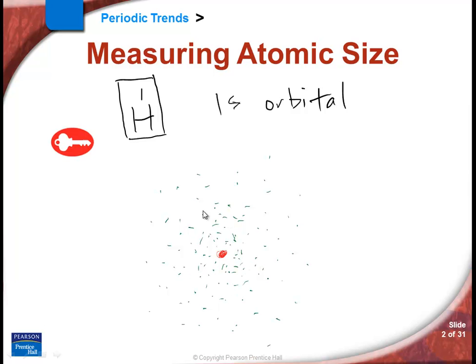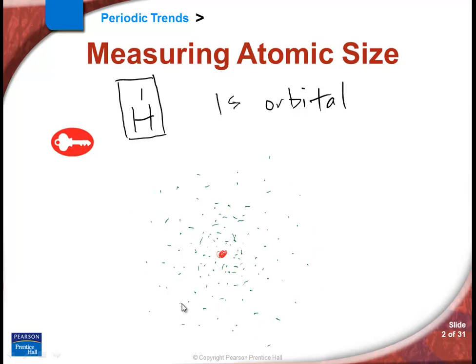And then this green fuzz that I hand drew in a cartoon way represents the so-called electron cloud, right? And we know that the electron in hydrogen in the ground state is in the 1s orbital, and we know that s orbitals have spherical symmetry, so it's like a little cotton ball here.